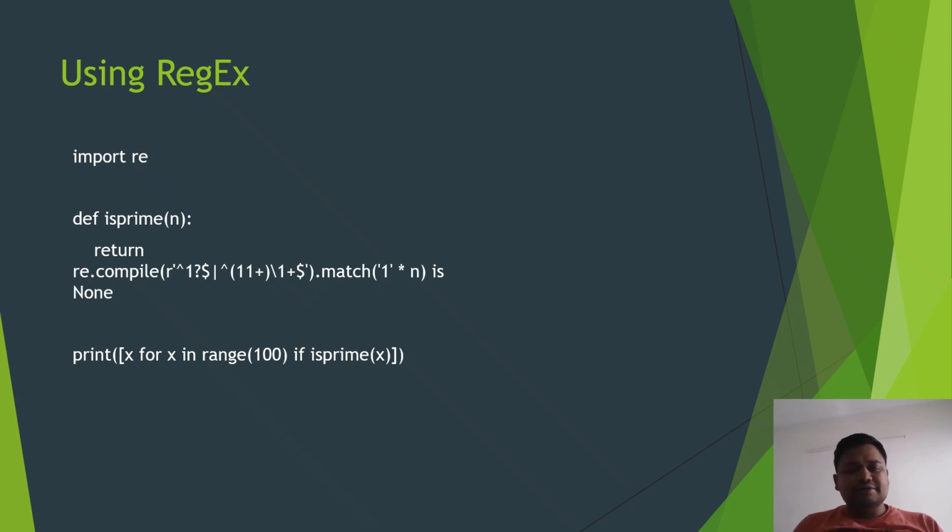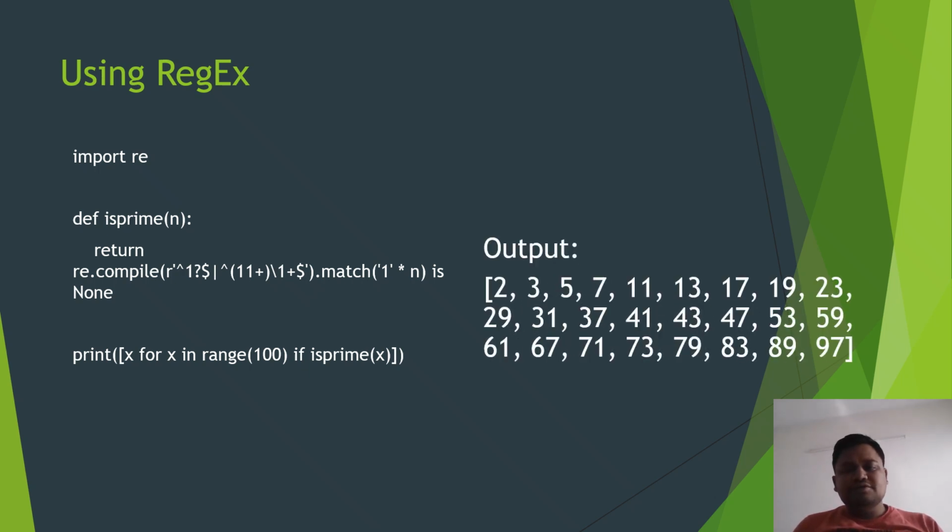For the range of 100, if any number is prime, then it will print it. So you can see a list of all the prime numbers from the range 1 to 100 as 2, 3, 5, 7, 11, 13, 17, 19, 23, 29, 31, 37, 41, 43, 47, 53, 59, 61, 67, 71, 73, 79, 83, 89, and 97.